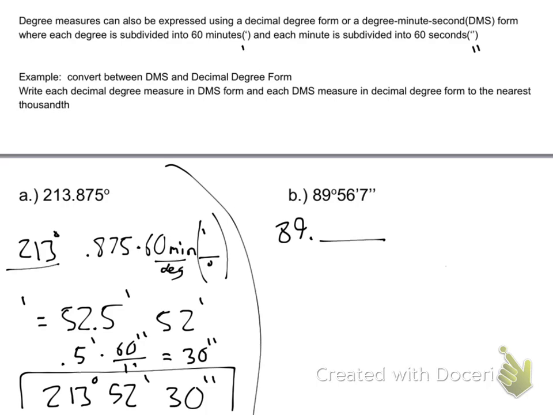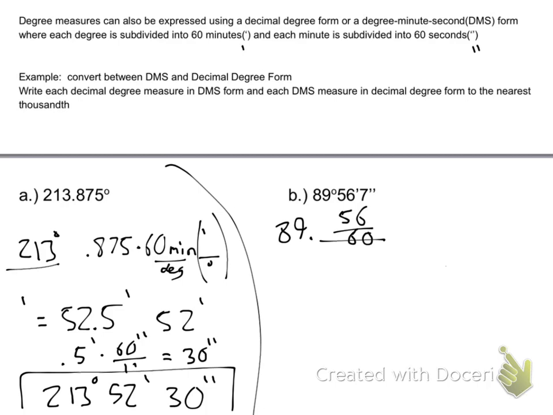Well, in the large scheme of things, to get to that 56, the first time around, I multiplied by 60, right? So this time I need to take 56 and divide it by 60. But to get to the 7, or in our case the 30, I did what again?